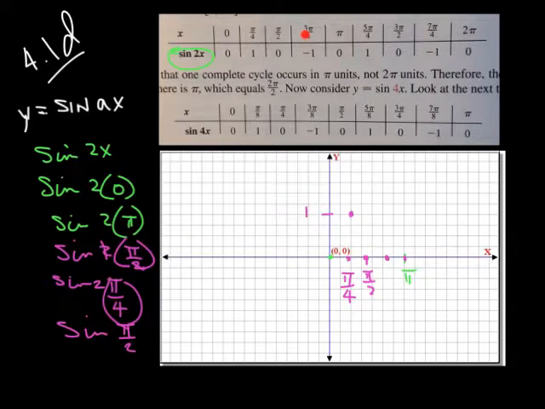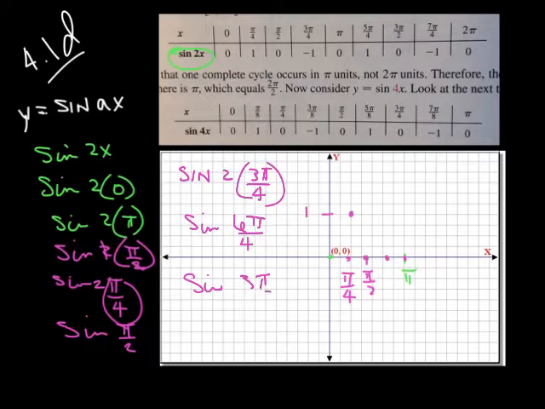So I take my 3 pi over 4 and put it in here and multiply it by 2. 2 times 3 pi over 4 is 6 pi over 4, which is 3 pi over 2.